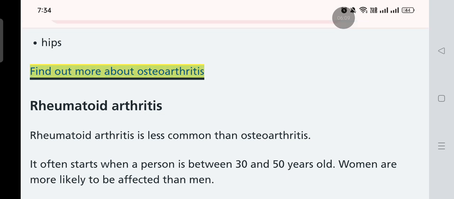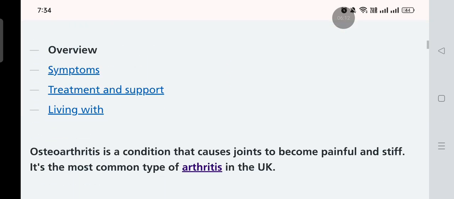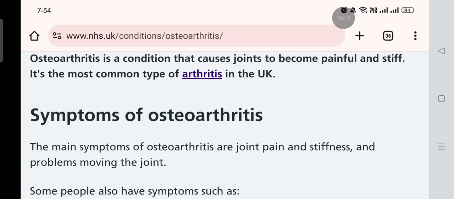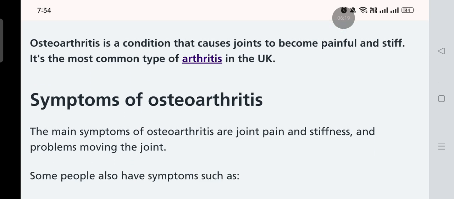If we look more at osteoarthritis, it is a condition that causes joints to become painful and stiff. It's the most common type of arthritis in the UK.